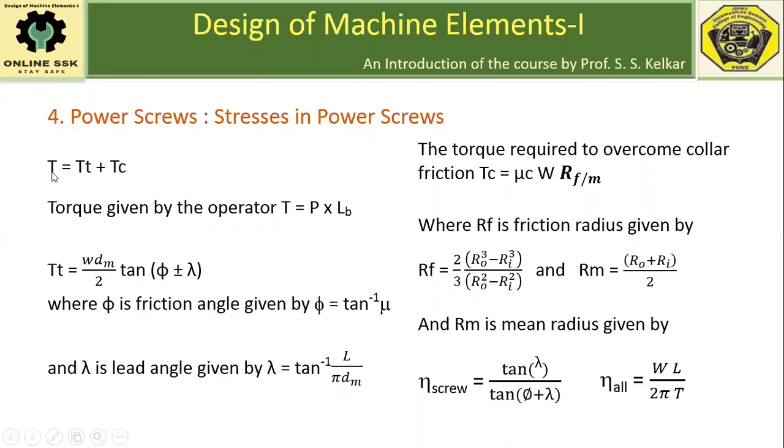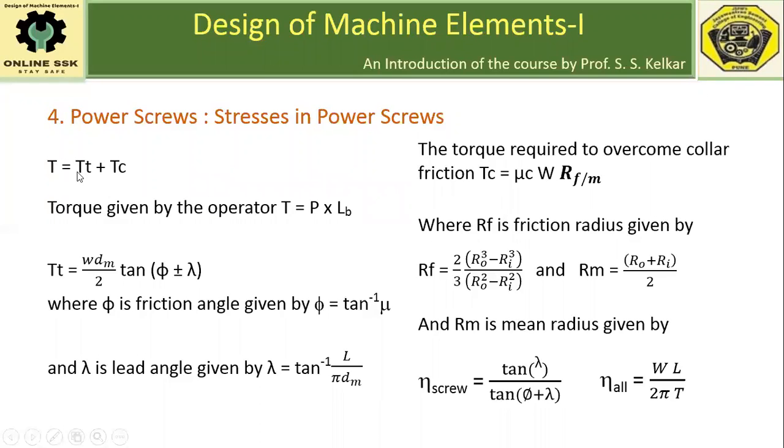Total torque given by the operator while operating the power screw application will be calculated as the operating force P multiplied by the length of the bar, or the radius of the flywheel if a flywheel is used for applying the torque. So this is the total torque given by the operator, which will have two components, Tt and Tc.